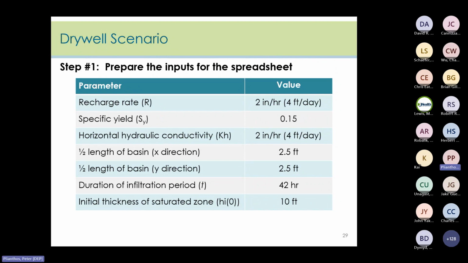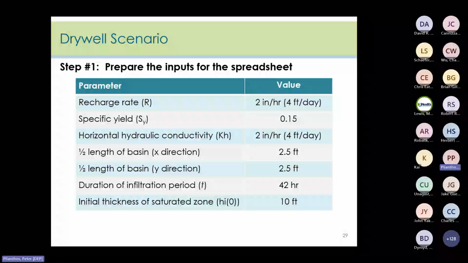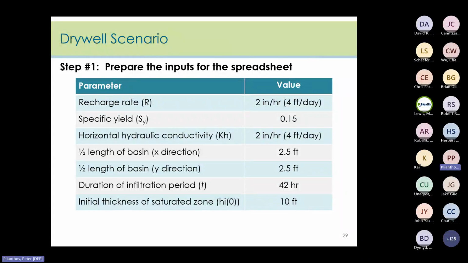The specific yield is the default value of 0.15. The horizontal hydraulic conductivity is the same as the recharge rate since the site is located outside of the coastal plain. The duration of infiltration period is 42 hours. And the initial thickness of the saturated zone uses the default value of 10 feet.